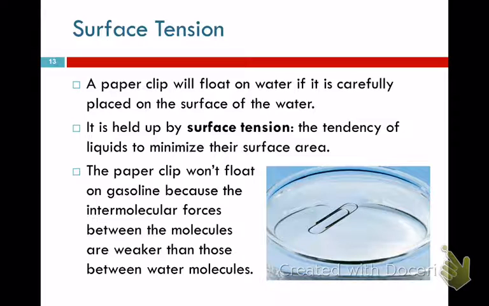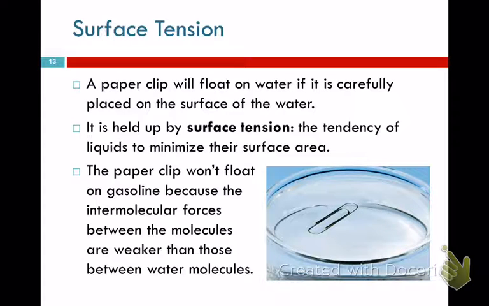Just a general observation. I don't know if you've ever done this before, but you can do this at home. What does that look like? It's a paper clip. What do you think is in this beaker? It's water. What is the paper clip doing? It's floating on the water.